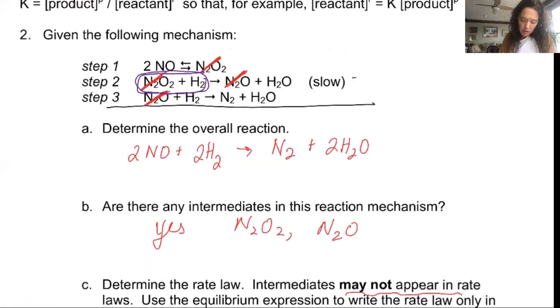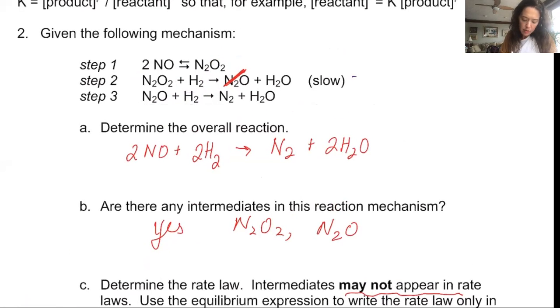Okay, so let's clean this up. The problem is this is in our rate law, and it's an intermediate. What's always going to happen is that the intermediate is going to be a member of your equilibrium step, which will always be the first fast step.